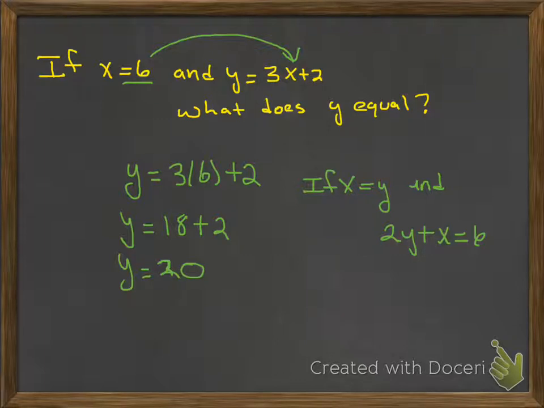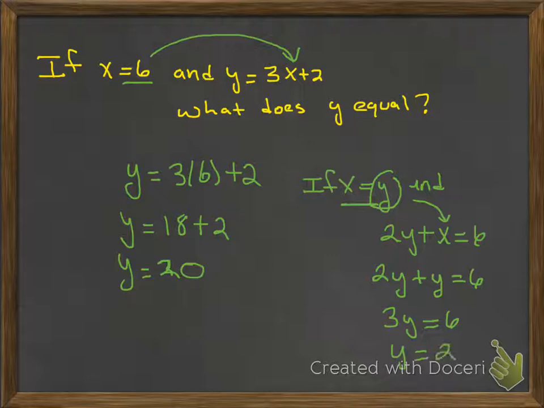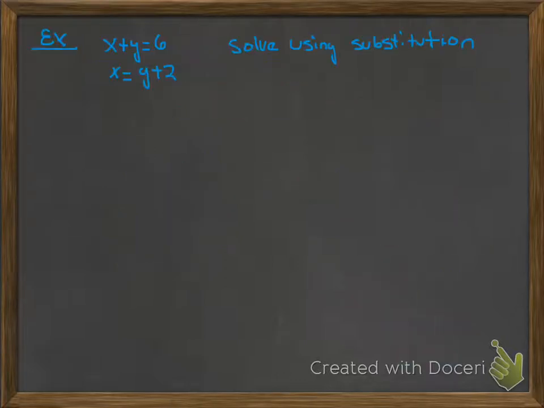Well, we know that x equals y, so I can plug y in for my x right here, and I can find out that 2y plus y is equal to 6, so 3y is equal to 6, y is equal to 2 in this case. So all we're doing is we're substituting one variable in for another.